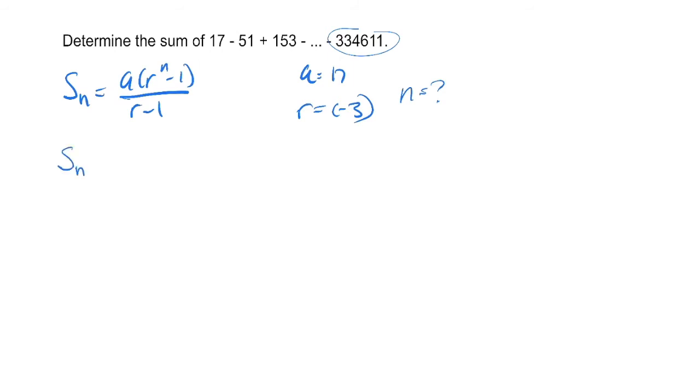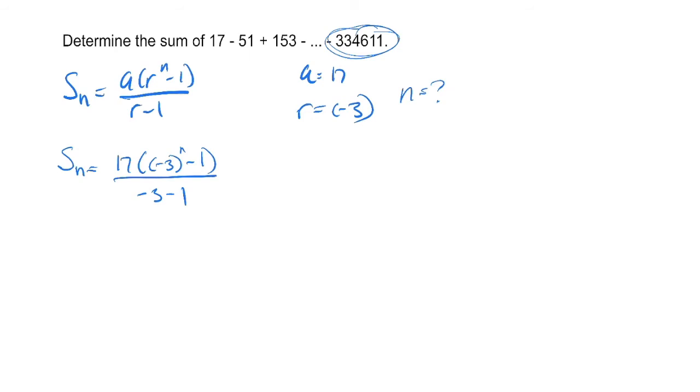In this case, S of n is equal to A, which is 17, times negative 3 to the power of n minus 1 all over negative 3 minus 1. Because we're given this last term, we have to use our geometric sequence equation to figure out what n is.